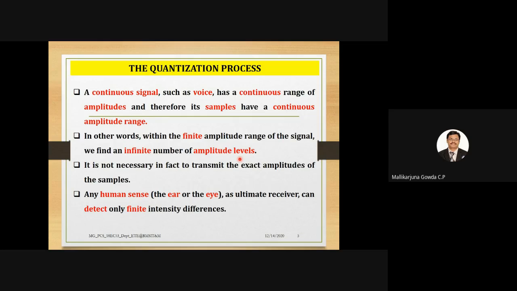It is not necessary to transmit the exact amplitudes of all the samples, because any human sense, it may be the ear or the eye, which acts as the ultimate receiver, can detect only finite intensity differences. Our ears, our eyes, they are all receivers, human sense organs, even skin also. It can detect only finite intensity differences.